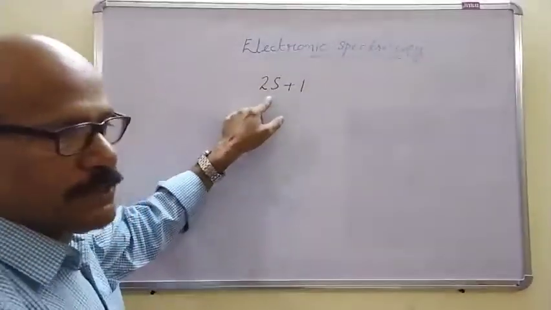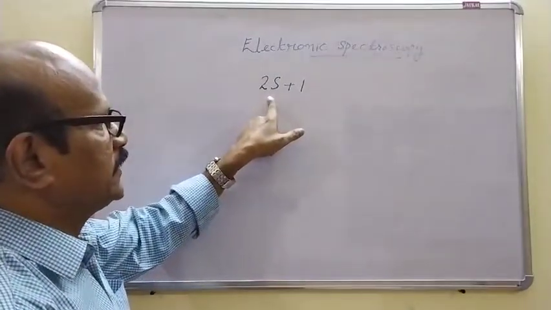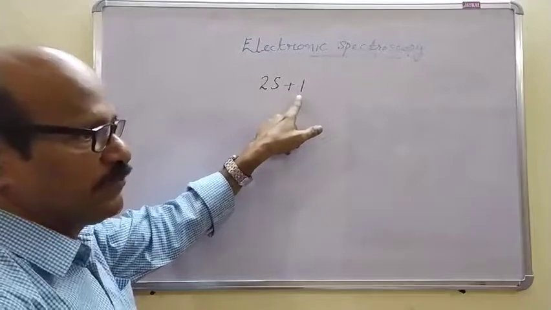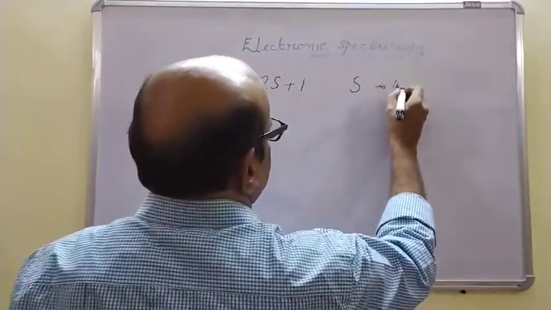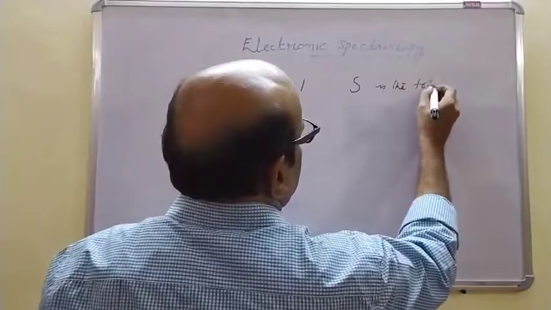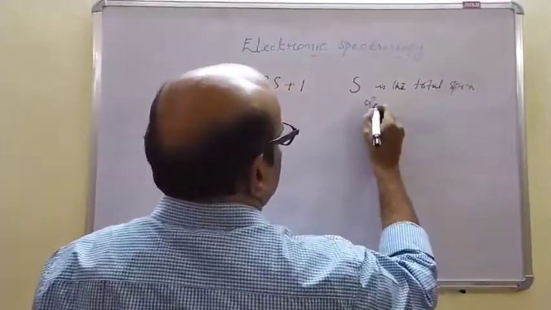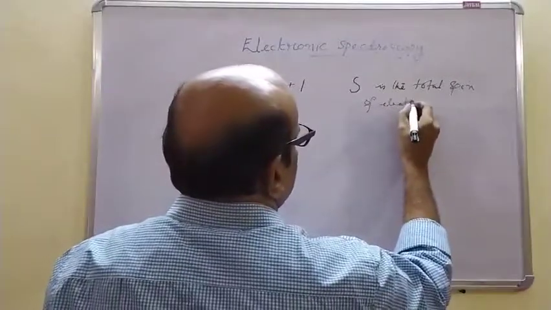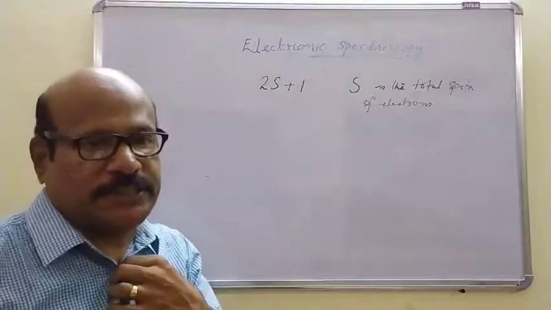The spin multiplicity of an electronic state is defined by the term 2S plus 1, where S is the total spin of the electrons present in the molecular species.